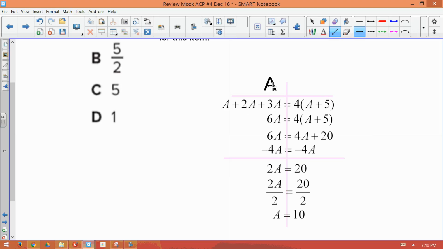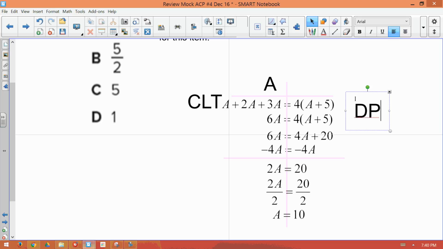I picked the left side for A because they had all the A's on it. And you're always going to collect like terms. Collect like terms. Remember, that's what we use to help us remember. That's what we did on this side. And on this side, we use the distributive property, DP.